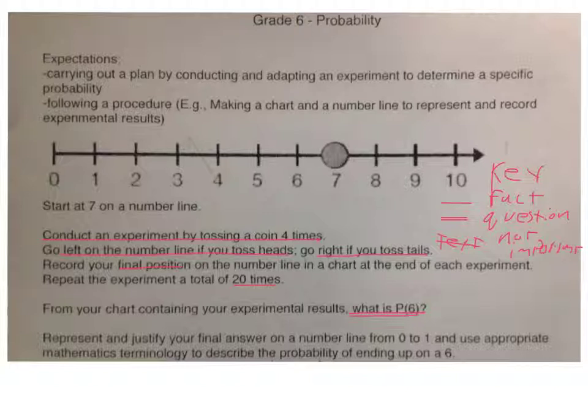There's the question. And it tells me represent and justify my final answer on a number line from 0 to 1. That's part of the question. And I need the probability of ending up on P6. So all this other stuff is probably not important.